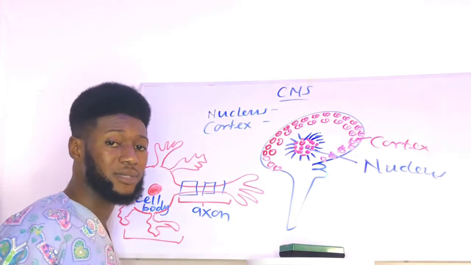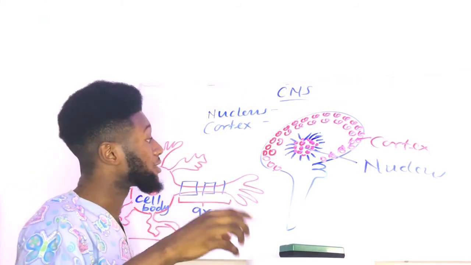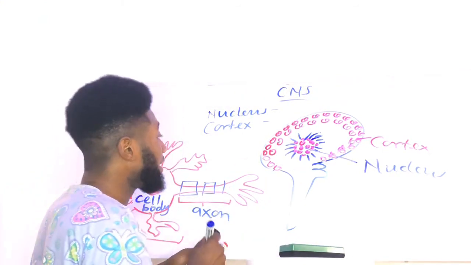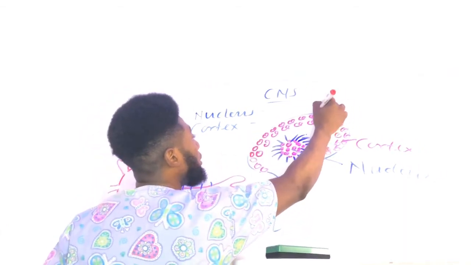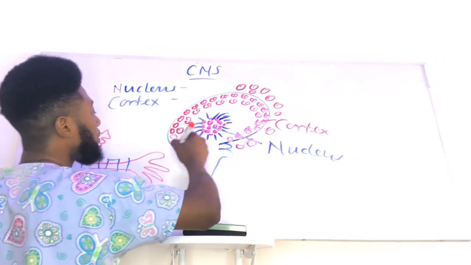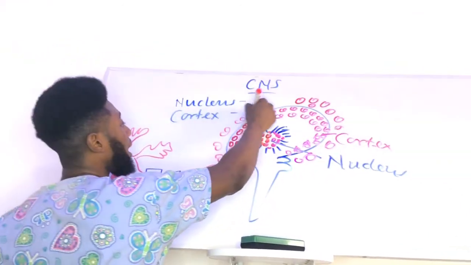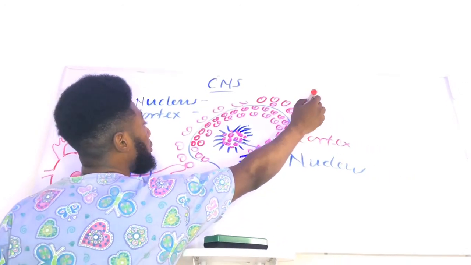I believe it's very simple to understand. What about ganglion? A group of cell bodies found outside the central nervous system is referred to as the ganglion.